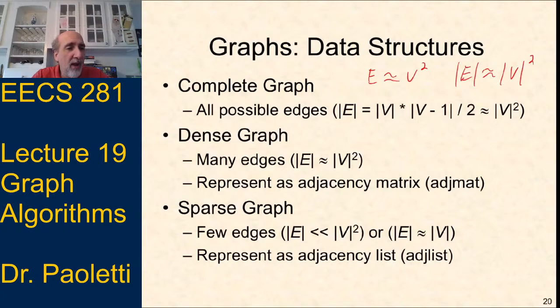In a sparse graph, E will be proportional to V, or another way to say it is E is much less than V squared. It doesn't mean E is assigned the value V squared; it means E is much less than V squared. So if E is much less than V squared, or E is proportional to V, then we would say that the graph is sparse. And if E is closer to V squared than it is to V, then we would say that it's a dense graph. So there is no fixed line between them.